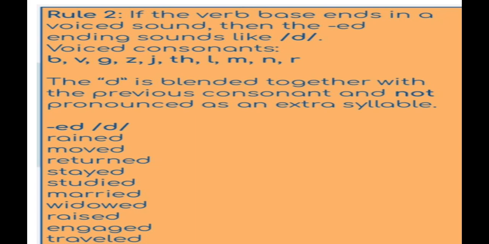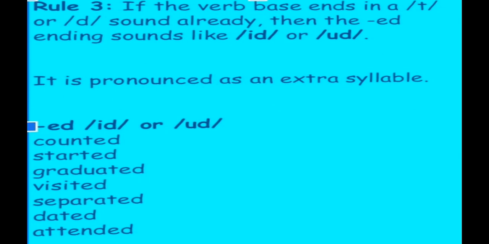So rule 2: if the verb base ends in a voiced sound, then the ed ending sounds like D, as in reigned. Rule 3, this is the most used one. If the verb base ends in a T or D sound already, then the ed ending sounds like id or ed, and it is pronounced as an extra syllable.